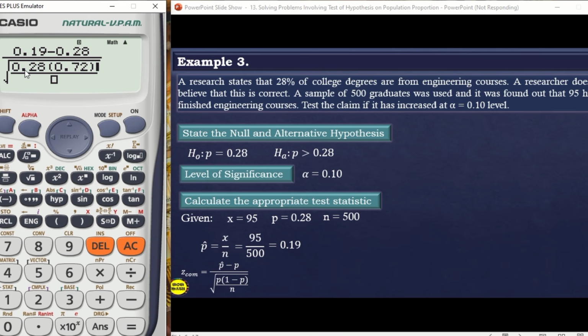Okay, so i-check nyo rin kung tama ha. Okay. And then yung n natin is 500. Okay. So the answer is negative 4.482. So yung computed value natin dito is negative 4.482.